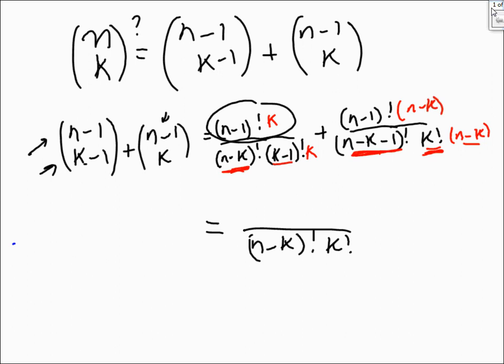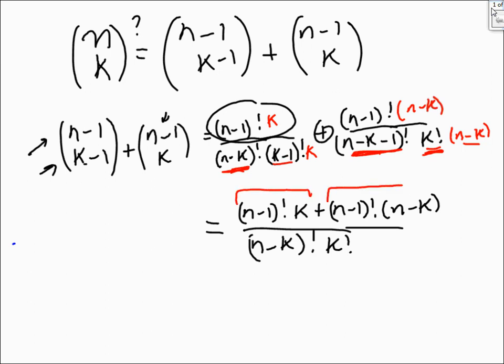This numerator is n minus 1 factorial times k. And we're adding n minus 1 factorial times n minus k. Now, if you look at this, between this term and this term, the only two terms in the numerator, they both have n minus 1 factorial in common.